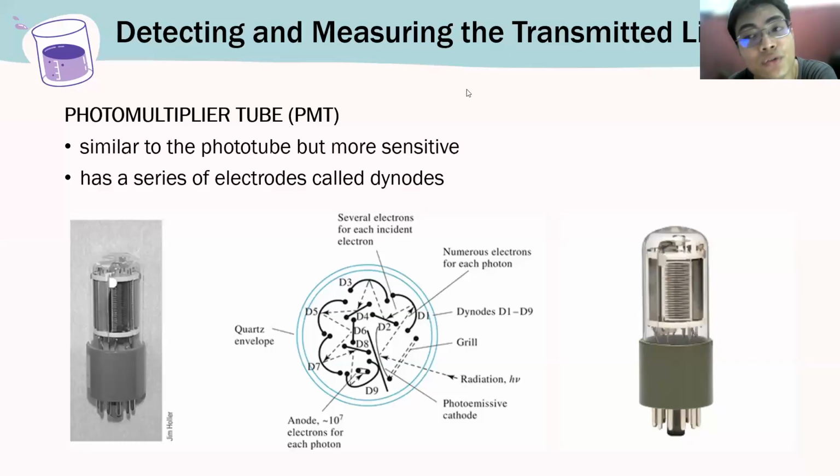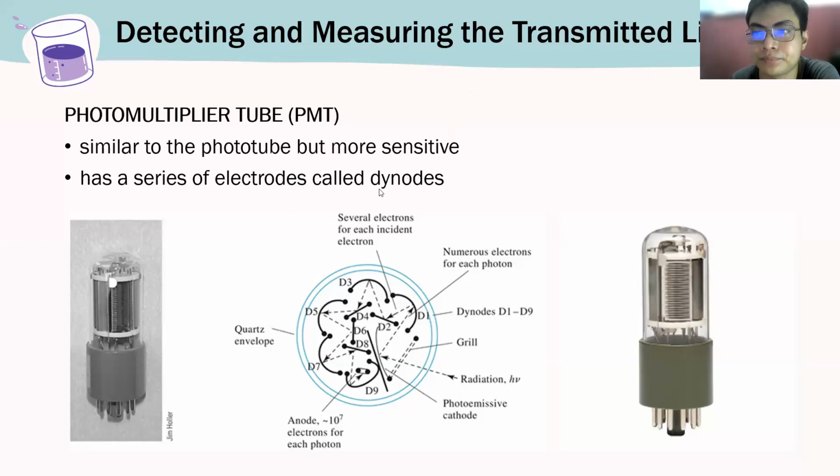Okay. So if you are asked, ano uli yung advantage ng photomultiplier tube sa phototube is that sa photomultiplier, the photon is detected multiple times. Okay. Paulit-ulit siya na-detect. Kaya lumalakas yung signal.